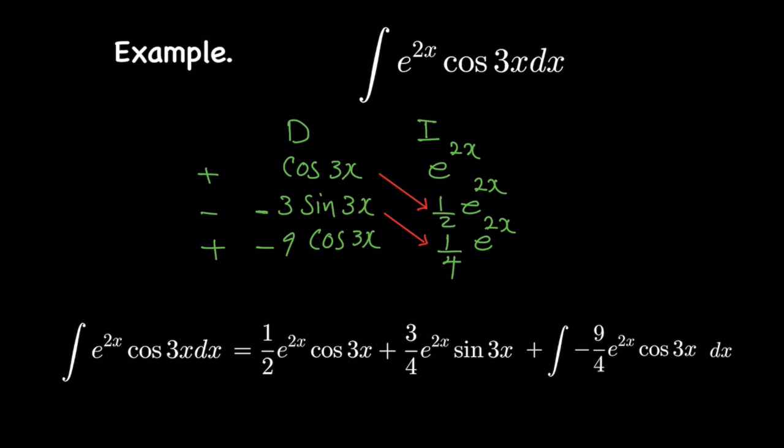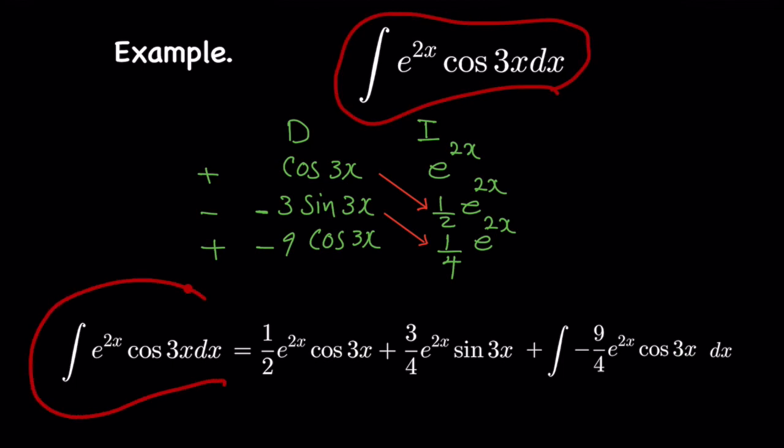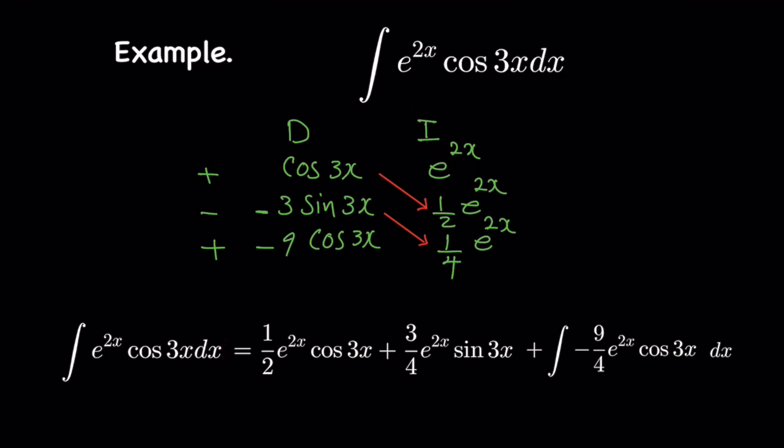And let's apply the DI method and see what we are getting. So this integral that I'm looking for is going to be equal to, I'm going to multiply these diagonal terms. So the first term is going to be 1/2 times e to the 2x times cosine 3x.